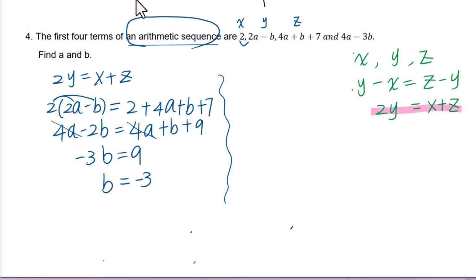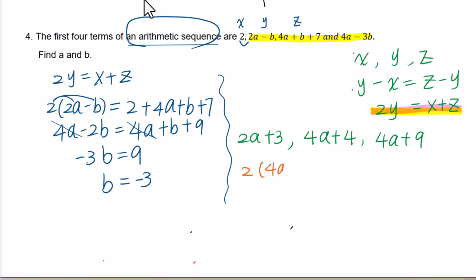Because these three terms are consecutive arithmetic sequence, we will use this formula to work this out. 2a minus b is 2a plus 3. 4a minus 3 plus 7 is plus 4. 4a minus 3 times negative 3 is plus 9. 2 times 4a plus 4 equals 2a plus 3 plus 4a plus 9.